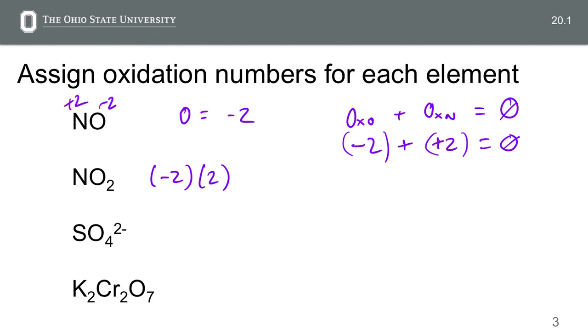So we need to use that to figure out the oxidation number of nitrogen. And everything, again, is going to sum up to 0, which means that we're going to have -4, and we need to have +4 for nitrogen. So the subscript 2 does play a role in determining oxidation numbers.